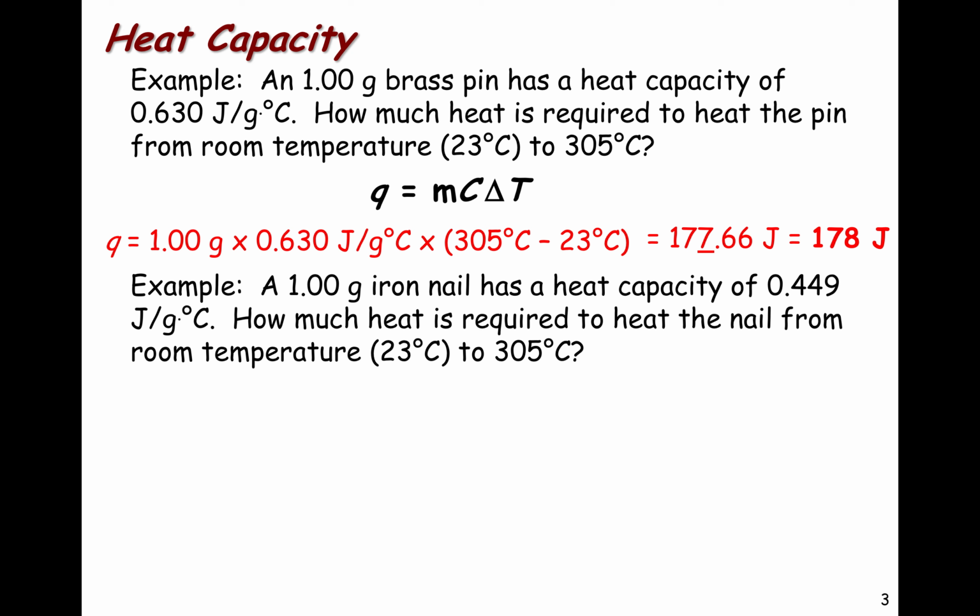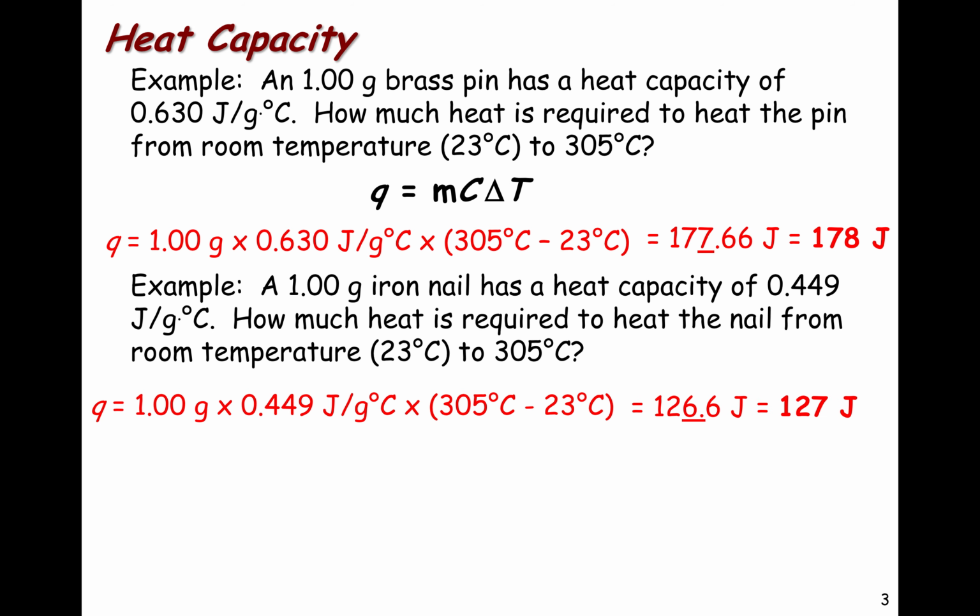And it asks again how much heat is required to heat the nail from room temperature to 305 degrees Celsius. Likewise, we'd plug these values into the equation. You'll notice the mass and the temperature change are the same, but since the specific heat capacity is lower, it's not going to take as much heat to cause this temperature change to occur. And so in this case, we end up requiring 127 joules.